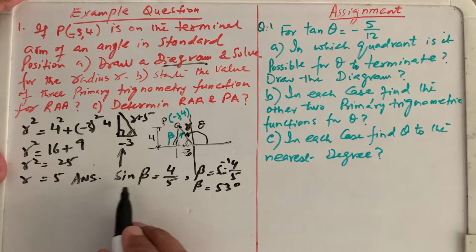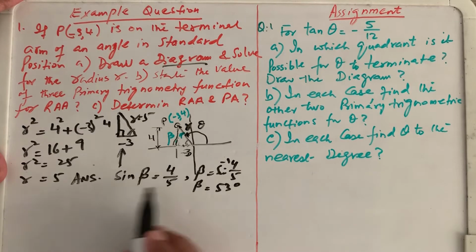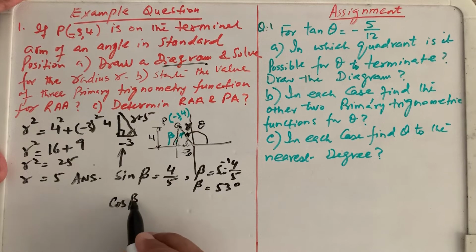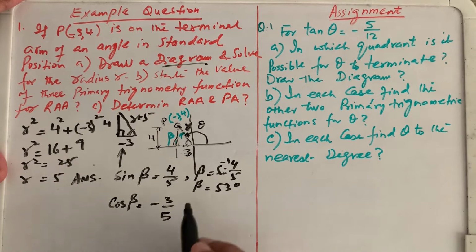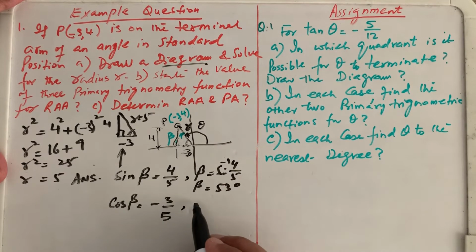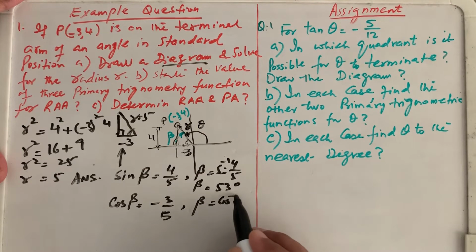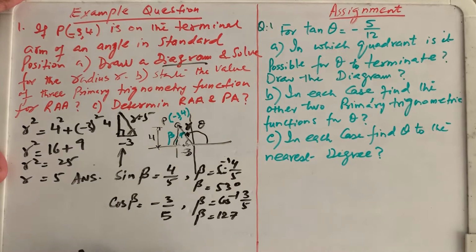So we have sine beta, and we need to find the three trigonometric ratios. Sine beta is equal to 4 over 5. What is cos beta? Cosine will be minus 3 over 5, adjacent over hypotenuse. So cos beta will be equal to cos inverse of 3 over 5, and that gives me beta equals 127. Then the third trigonometric function is tangent.